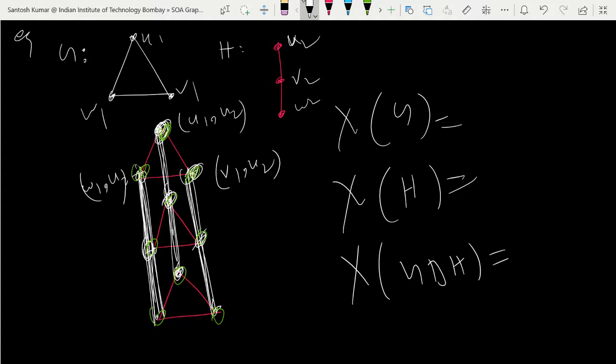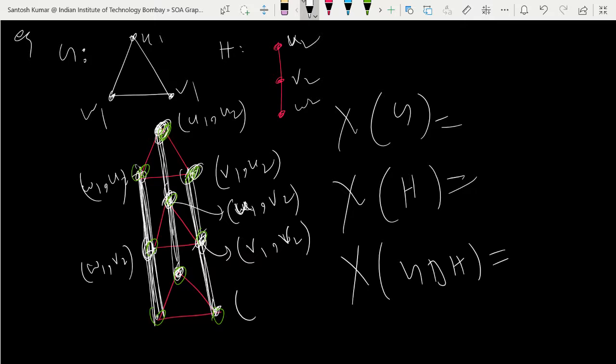And similarly, you can do that. W1 comma V2. This is, no, it is U1. U1 comma V2, and this is going to be V1 comma V2. This will be the third one.